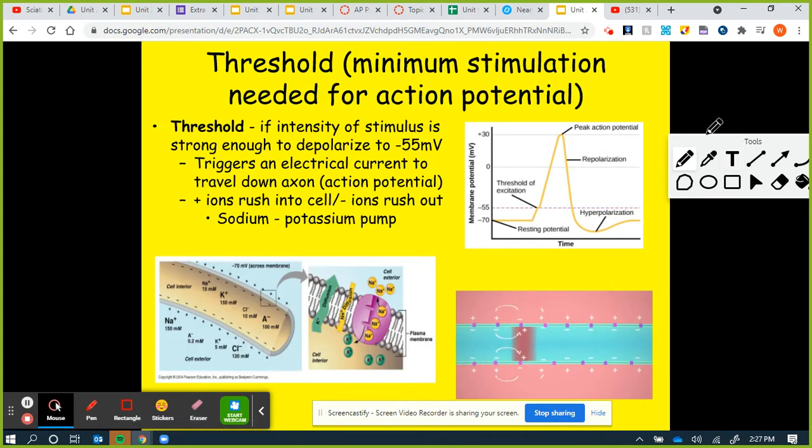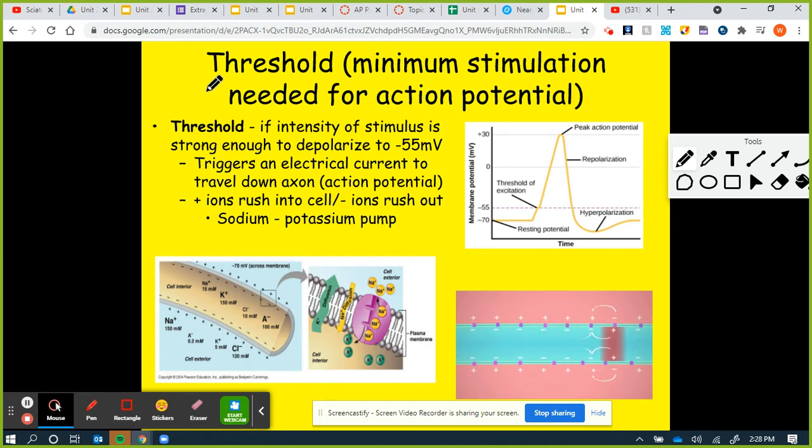An action potential occurs if the intensity of whatever stimulus is strong enough. If somebody punches you in the arm, the intensity of that stimulus is strong enough for that signal to reach what is called the threshold.